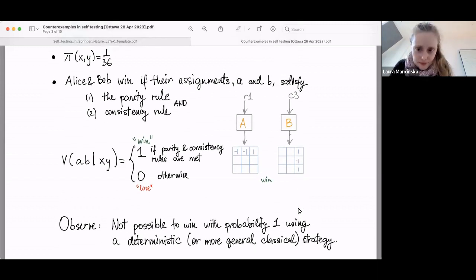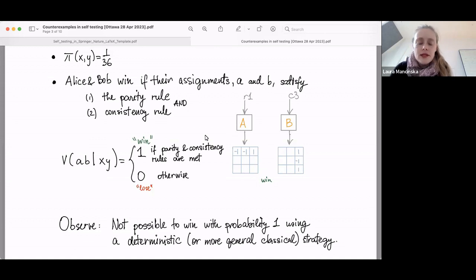Now, it turns out that it's not possible to always win this game. What I mean by always is that Alice and Bob could win irrespective of which pair of questions we asked them, if they use what's called a deterministic strategy. That would be some kind of function that tells Alice and Bob what they should answer if they are asked a specific row or column.